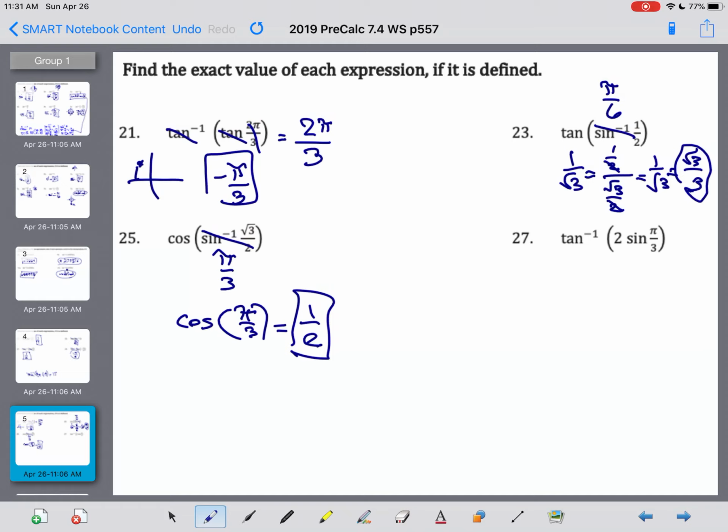So here we have sine of pi over 3 is going to be root 3 over 2. 2 times root 3 over 2 cancels that denominator 2, so I have the tangent inverse of root 3. Okay, and that is going to be pi over 3. Again, using our full-blown unit circle.